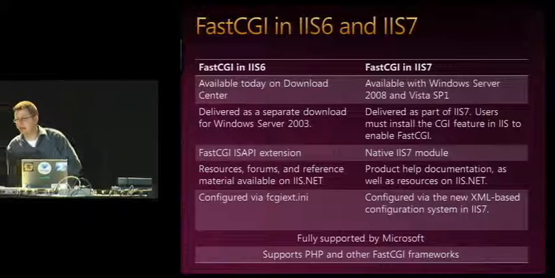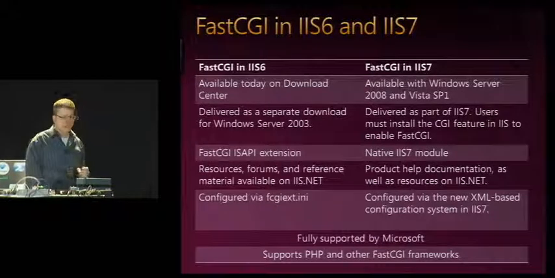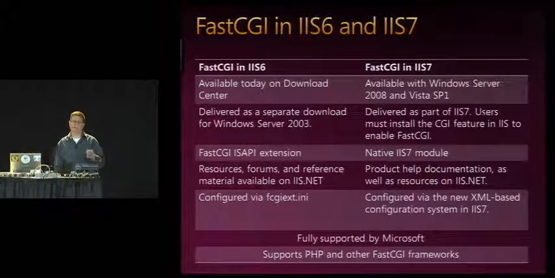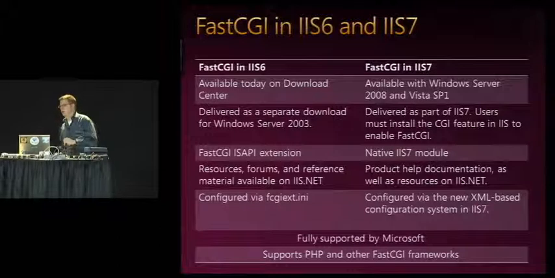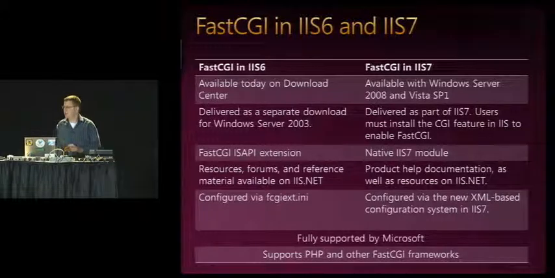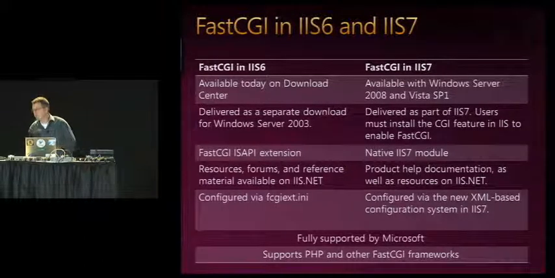In IIS 6, we implement FastCGI as an ISAPI extension. In IIS 7, it is a native IIS 7 module. There are some new APIs that replace ISAPI in IIS 7 that the FastCGI module takes advantage of, and there are some advantages for the module in doing that. There's great help documentation.